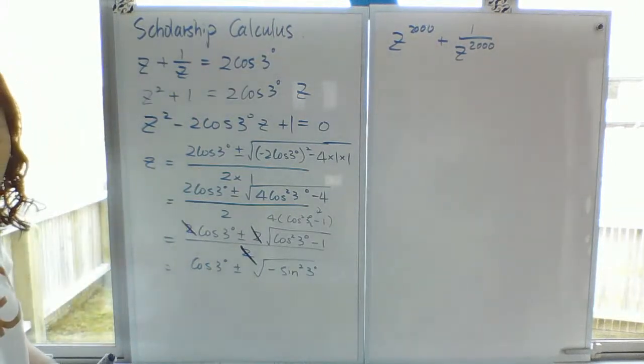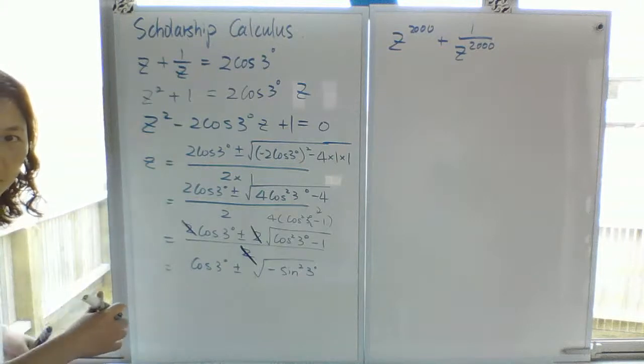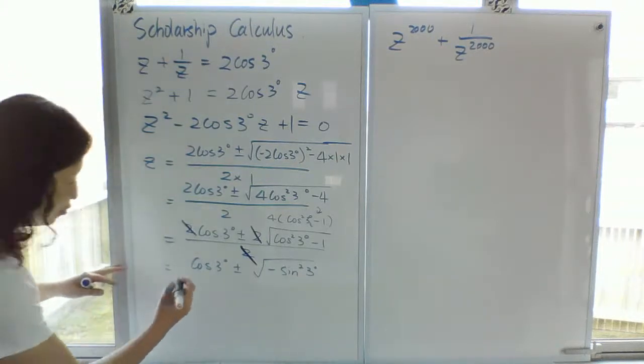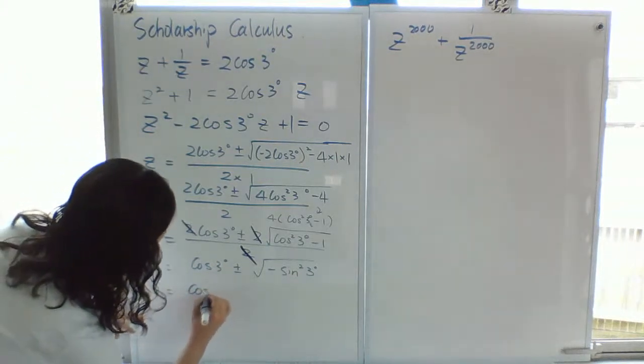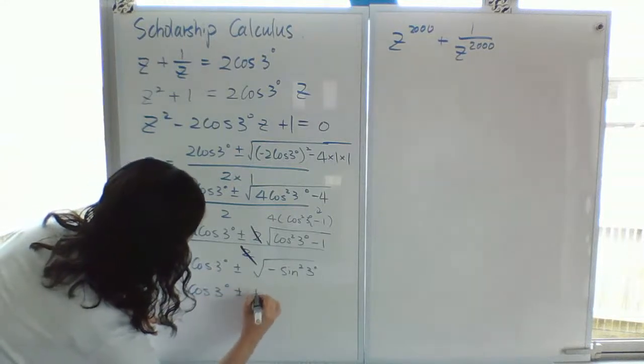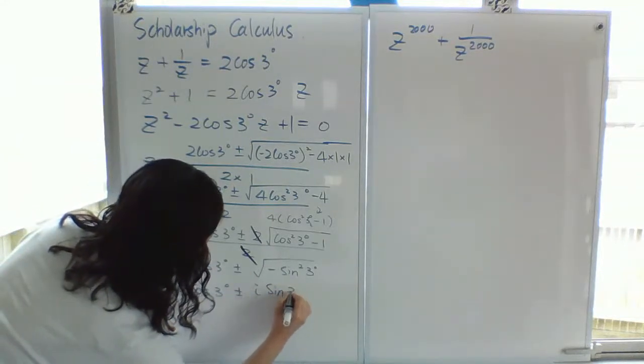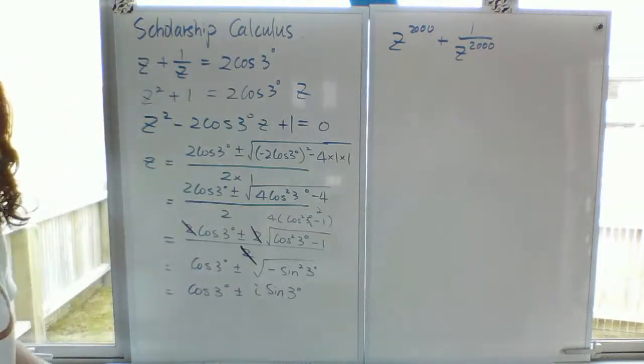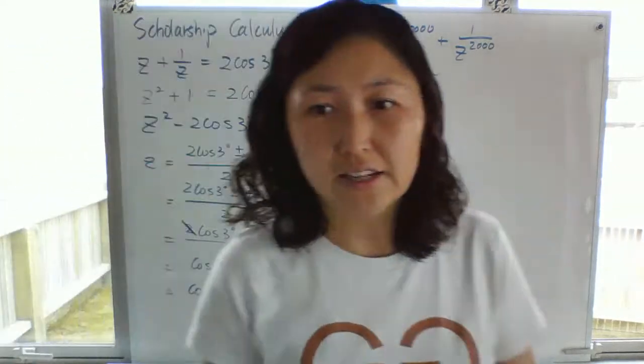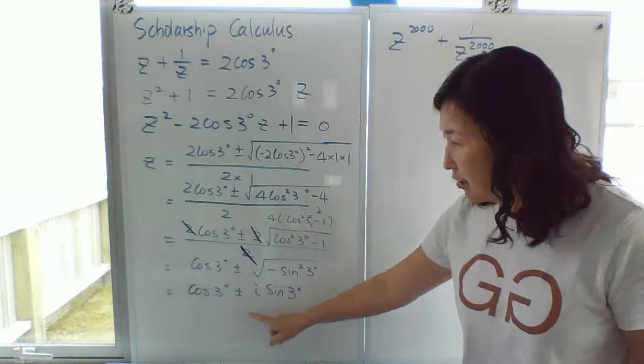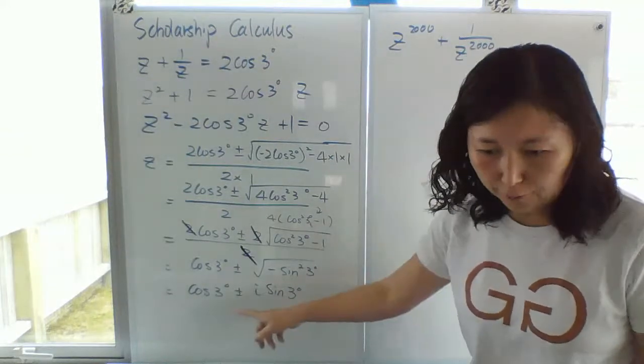Okay, so if we can tidy up a little bit, this is what we get here. So if you look at it, now we're actually getting a polar form here.